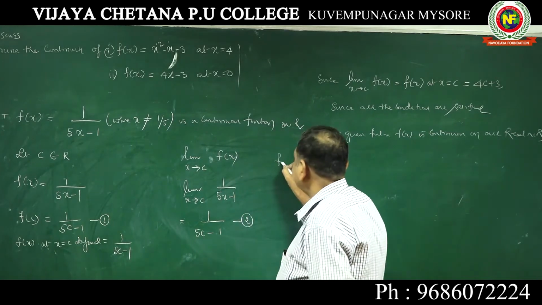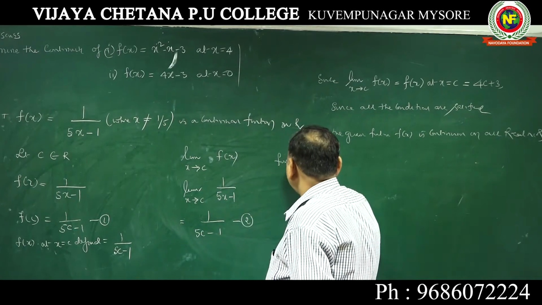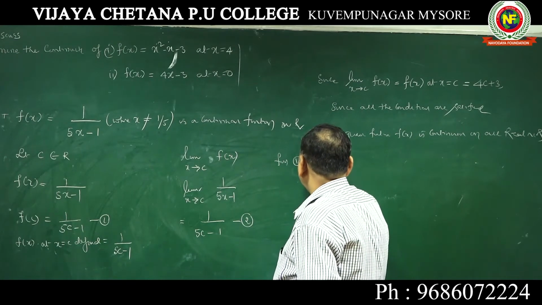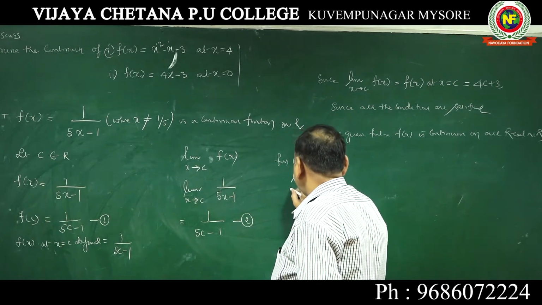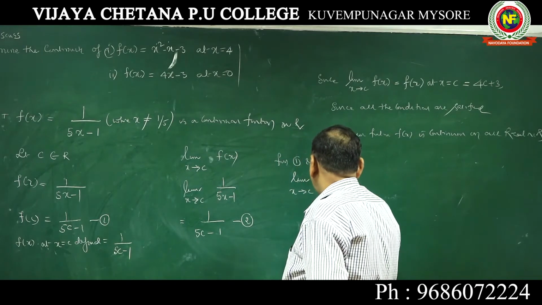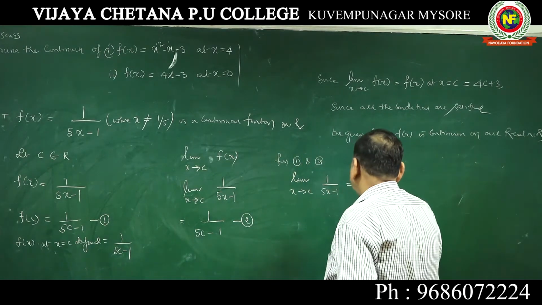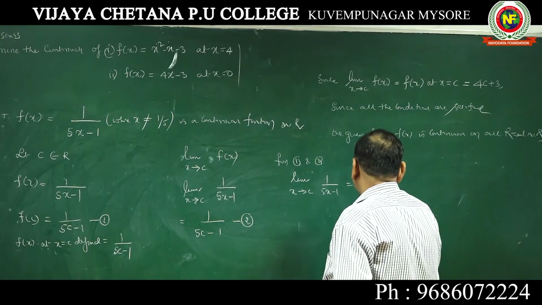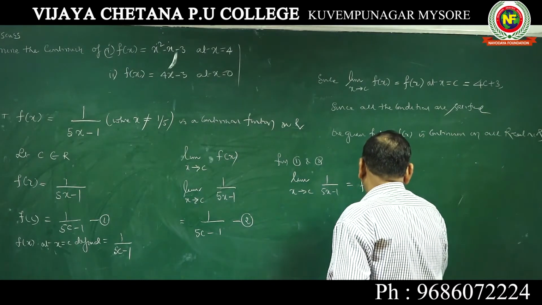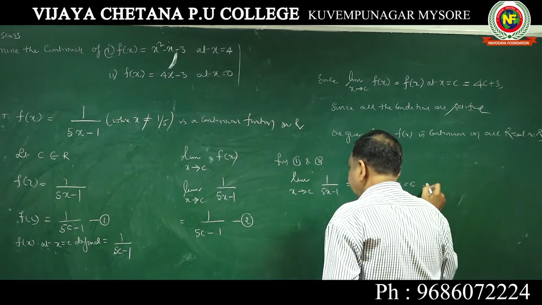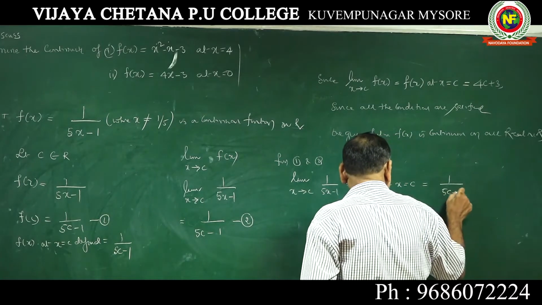From 1 and 2, you see this and this are the same. So the limit as x tends to C of 1 over 5x minus 1 is equal to f of C, which is 1 over 5c minus 1.